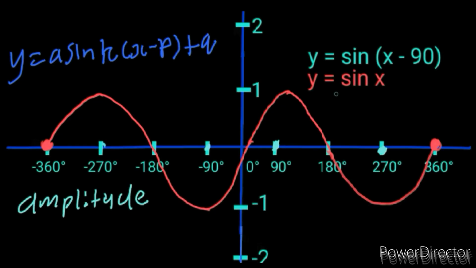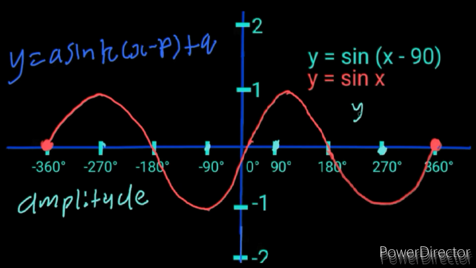If you do not have the graph, the value of A actually gives us the amplitude. So in this case, there is nothing in front of sine, so we know that it's 1. It tells us the amplitude is 1, just like we can see in the actual graph. So amplitude is maximum disturbance from the middle of the wave.